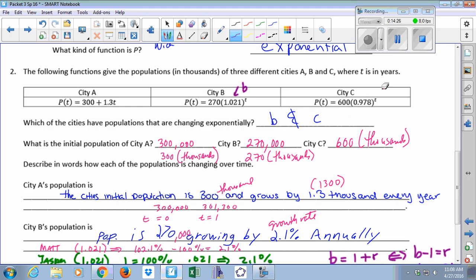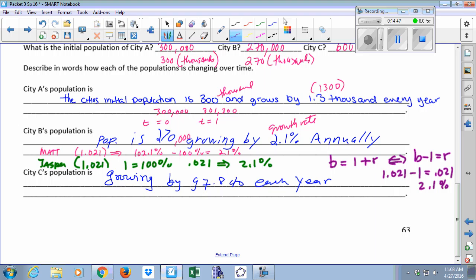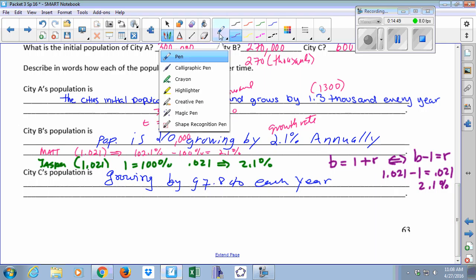And there are a couple of countries, if you look at countries' growth rates, where we have a decline in population. Germany is one of them. And what that means is you have people dying at a faster rate than being born. Okay, but most countries have a positive growth rate. Jasper? I was thinking of something that would be negative. Yep.